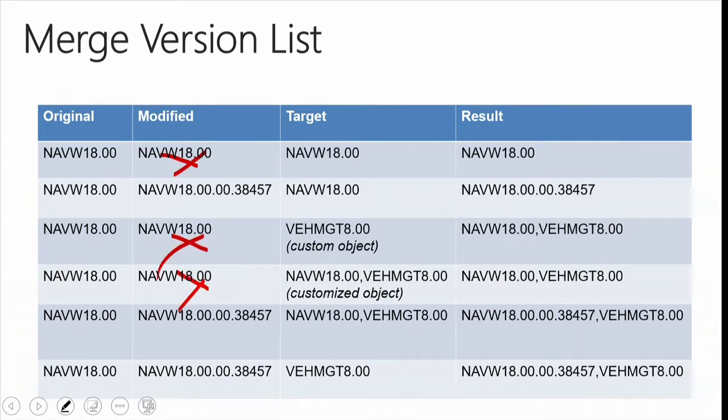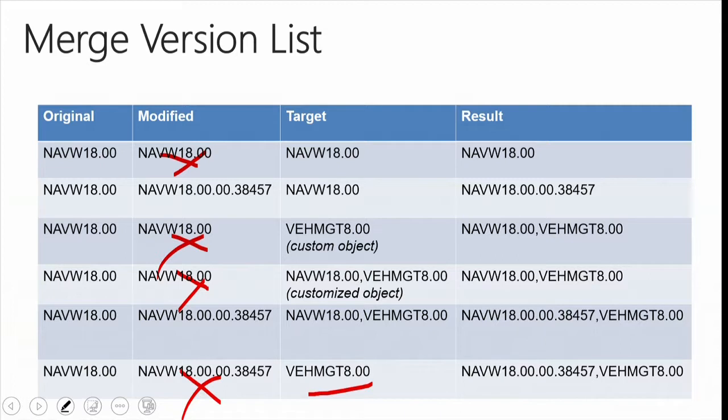and this one. So of the three lines that are left, there's another one that we're not really concerned with, because this one basically means that we got an object from Microsoft, and it modifies an object that we added. So that is, of course, not possible. So this one is also not interesting. So there's two lines remaining here, two cases.